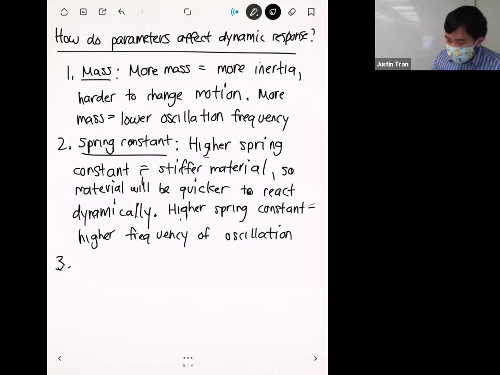Okay. And then last, we have the damping. And so the damping is going to affect how well your structure is going to suppress any vibrations or oscillations.